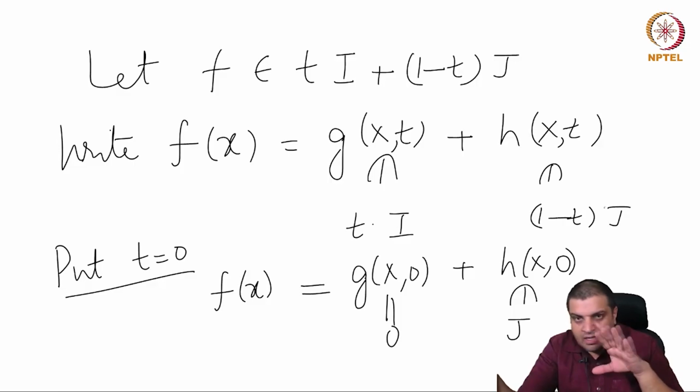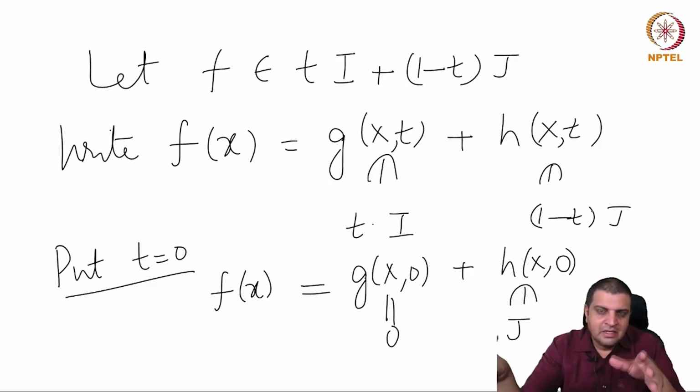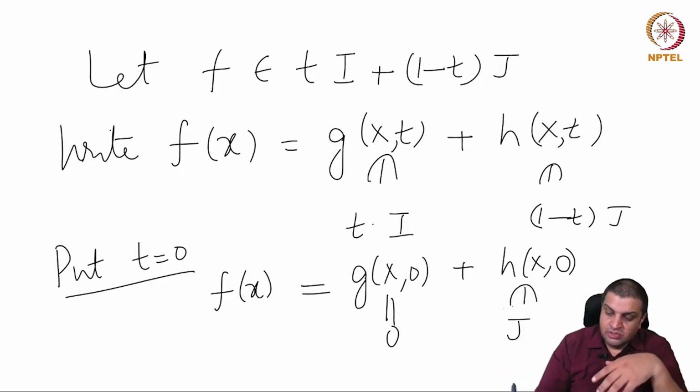Then the generators are untouched, and the coefficients, with t equals 0, we just get the degree 0 part in t, which is just some elements of R. So this is in J.